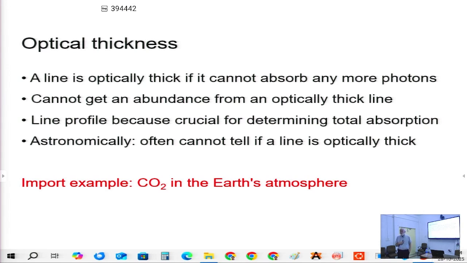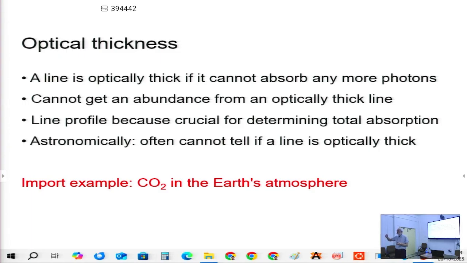So I talked about being able to get abundances by looking at the total intensity, but there's a very important caveat on that, and that's something called optical thickness. So basically, if you have a beam of light, if you have enough of the compound that you're trying to absorb the light with, eventually you'll absorb all the light.